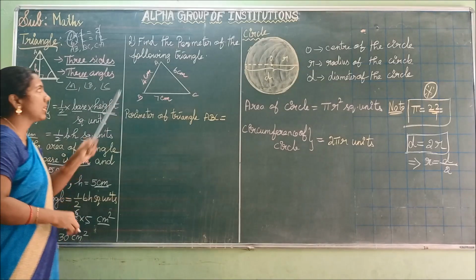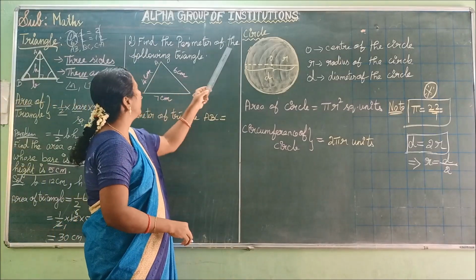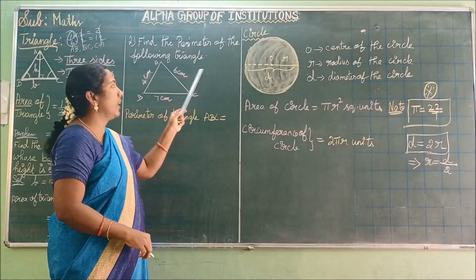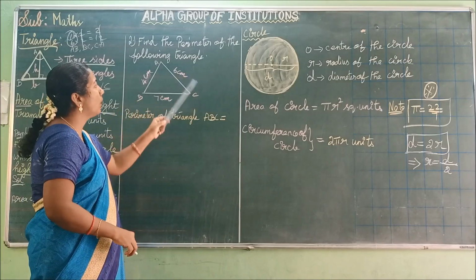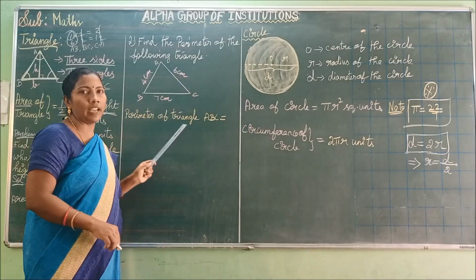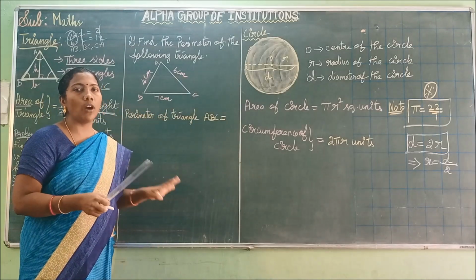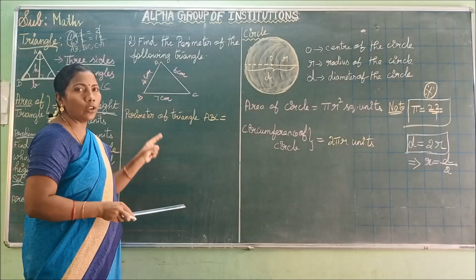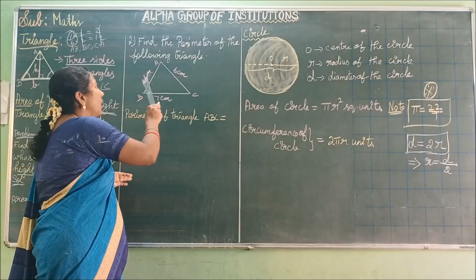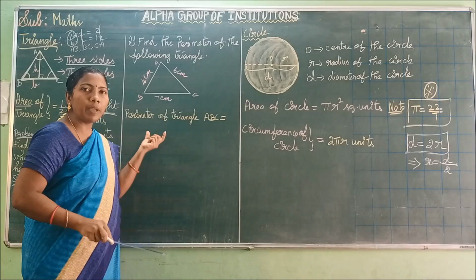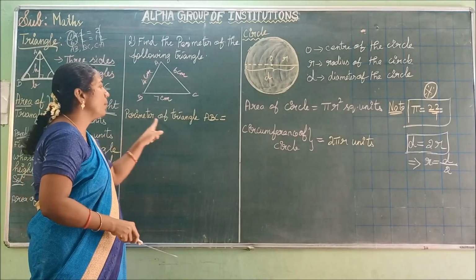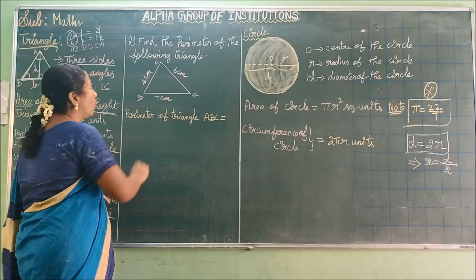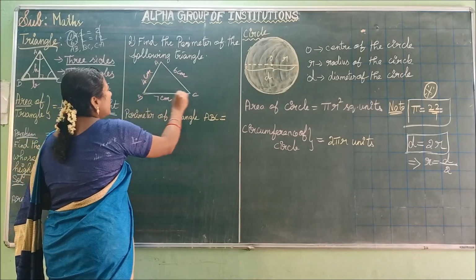Okay. Let's see the second one. Find the perimeter of the following triangle. Now we are going to calculate the perimeter of the triangle. We don't have any formula for perimeter of triangle. You just add the lengths of its sides, you get the perimeter of the triangle. So perimeter of the triangle ABC equal to, we have to add its three sides.